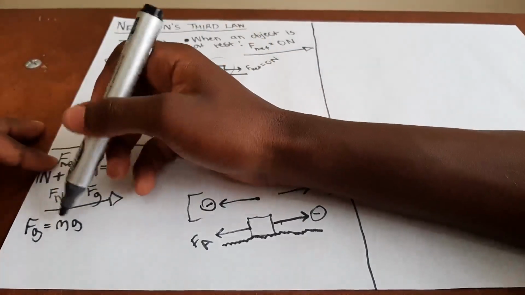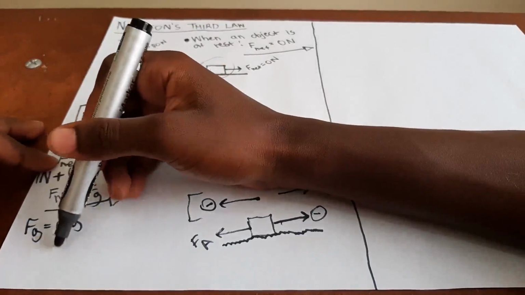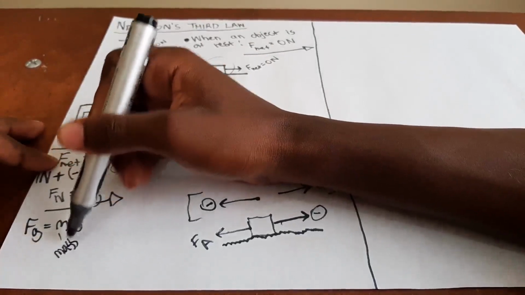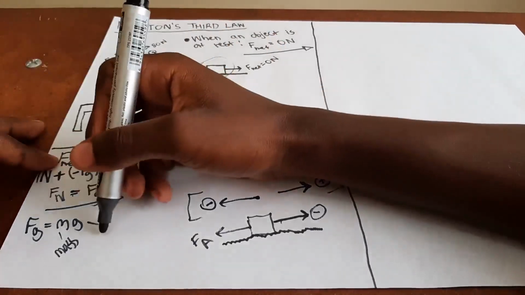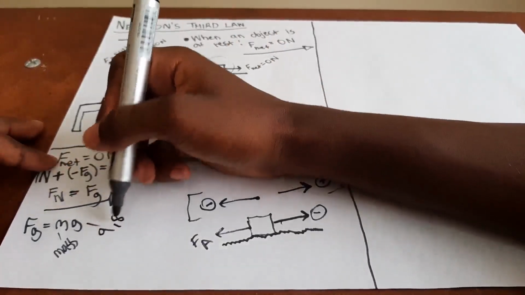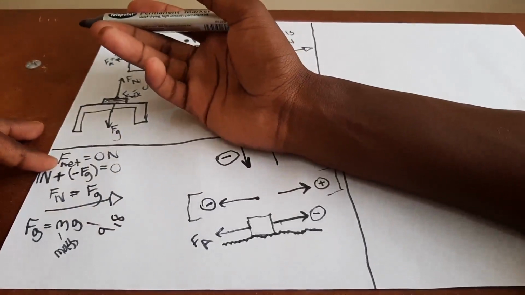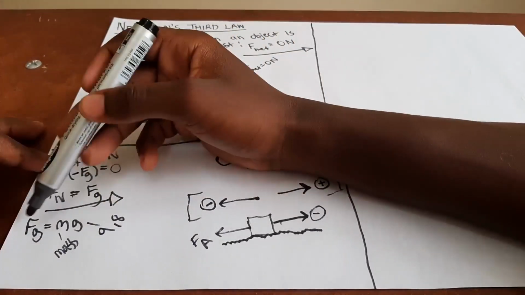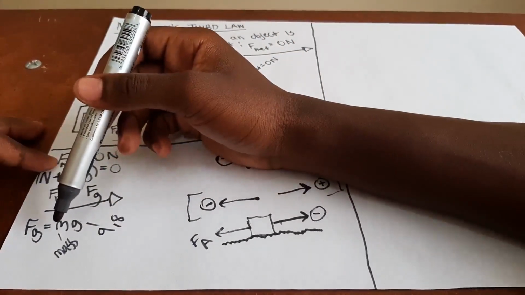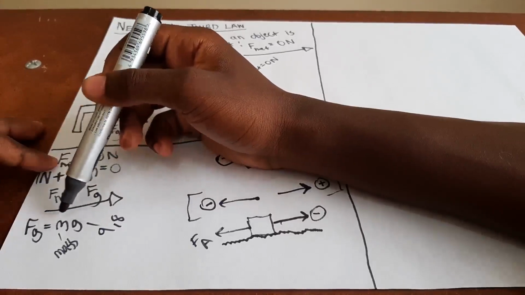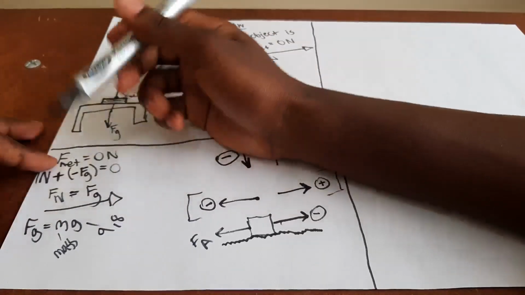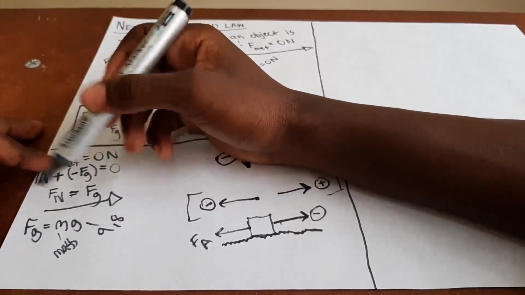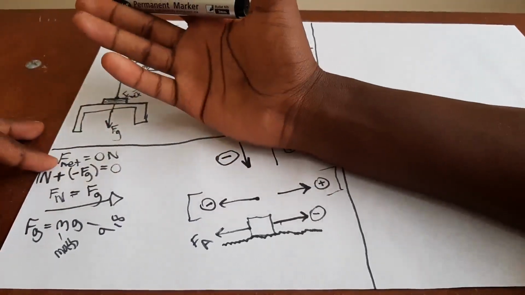So mg, this m stands for the mass of an object, and this g is called the gravitational acceleration, which is 9.8. So in order for you to calculate the gravitational force acting on an object, you have to take its mass multiplied by 9.8, and the same goes for the normal force, because you can see that the normal force is equal to the gravitational force.